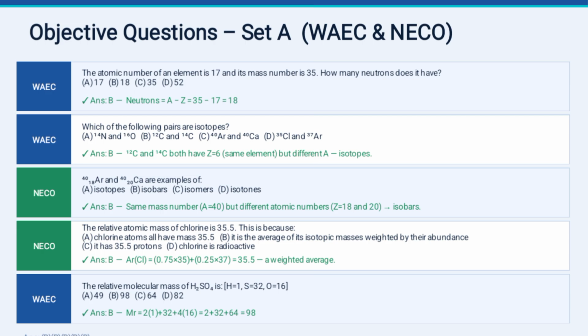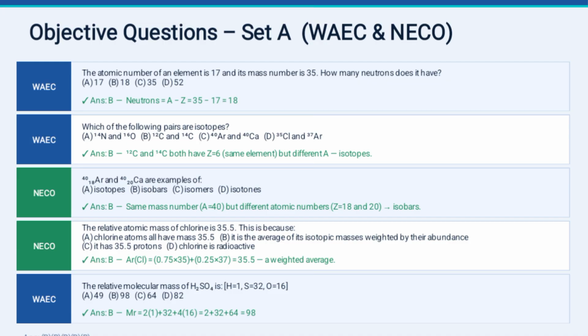They are having 12 and 14. Note that isotopes are atoms of the same element. Others are atoms of different elements. They are examples of isobars. But atoms of the same element with different mass number are isotopes.